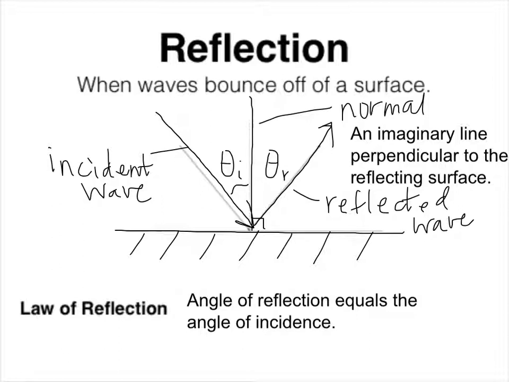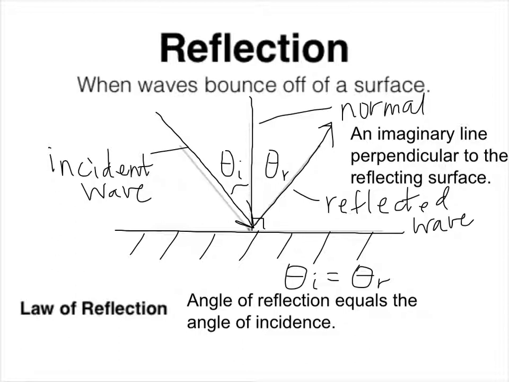And in this case, and in all cases, what the law of reflection states is that the angle of incidence is equal to the angle of reflection. And this is always true, regardless of the type of waves. Doesn't matter whether we're looking at light waves or sound waves or seismic or water waves. It also doesn't matter what type of surface the wave encounters.